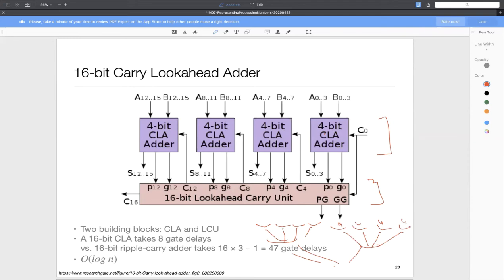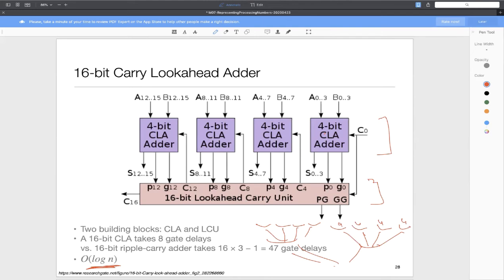If I form a binary tree, for example, where at every place I have a branch of 2, then the depth of the tree is logarithmic in the number of leaves. So the delay goes as log n.